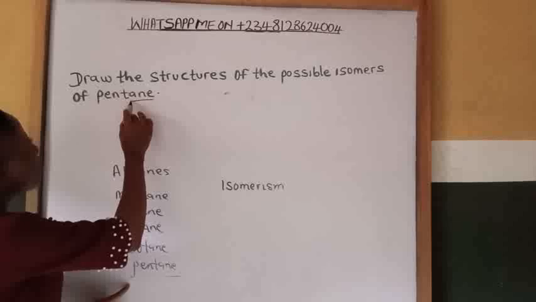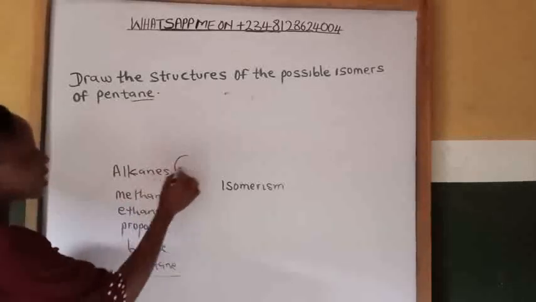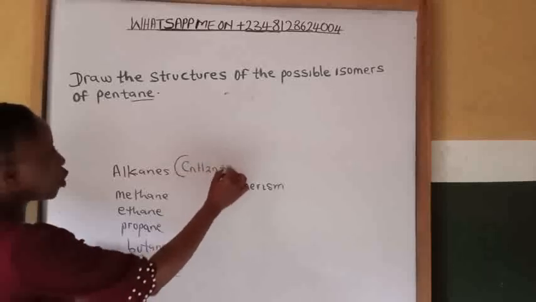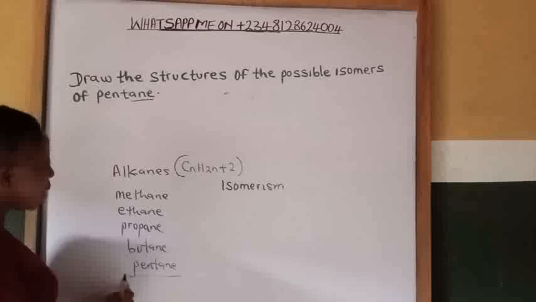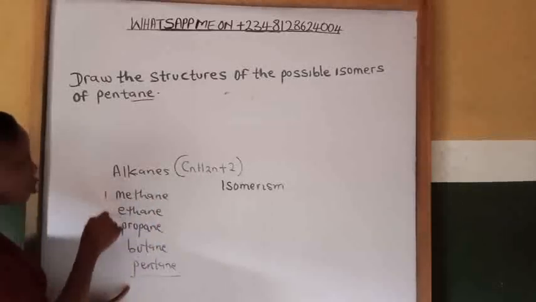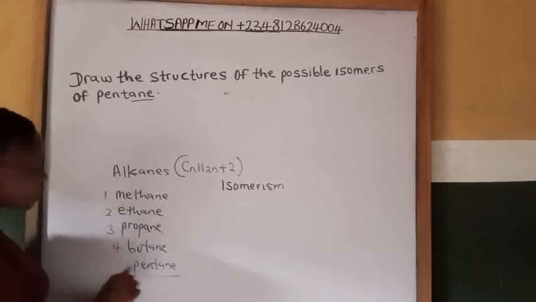So the molecular formula of pentane can be derived from the general formula of alkane, which is CnH2n+2, where n is the member number. For the first member, n is 1. The second member, n is 2. The third, 3. The fourth, 4. The fifth, 5.